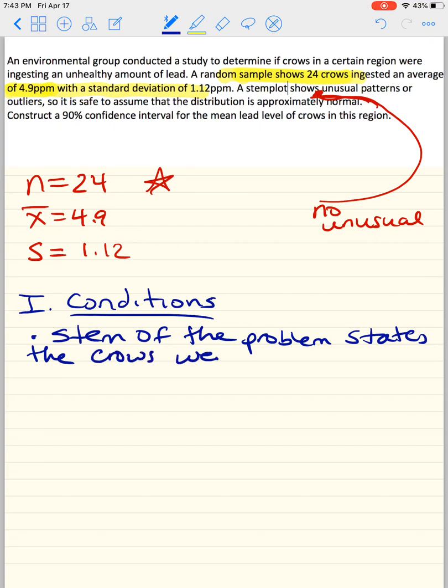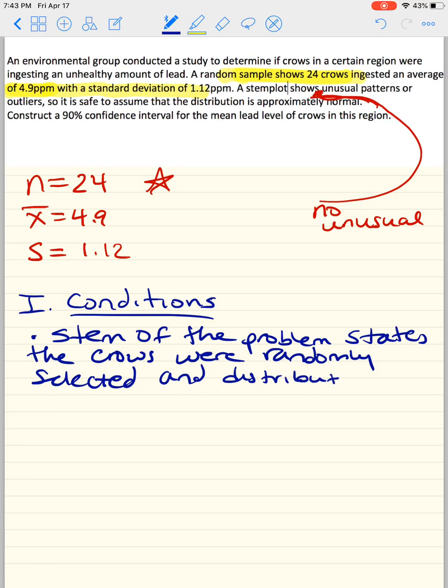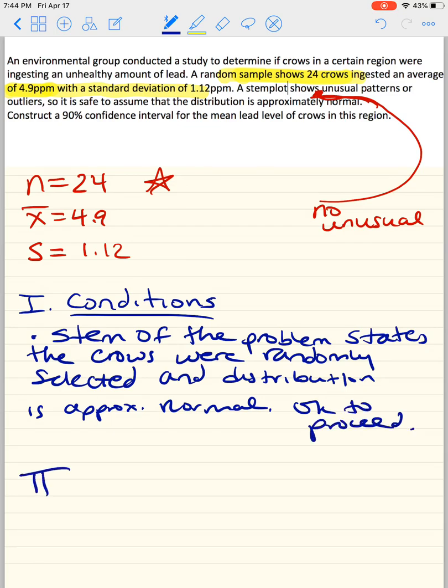Crows were randomly selected. It also states the distribution is approximately normal, so it's okay to proceed.